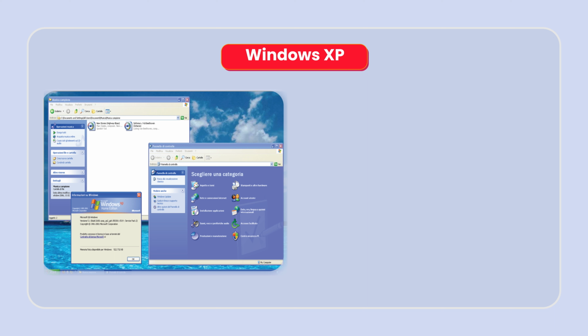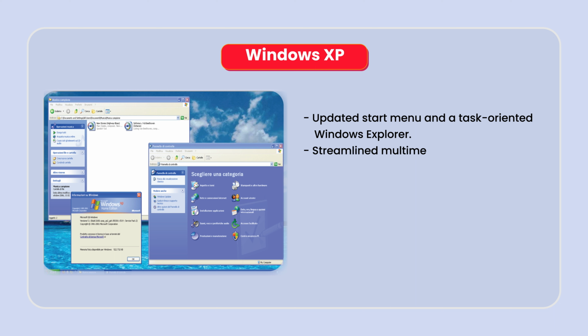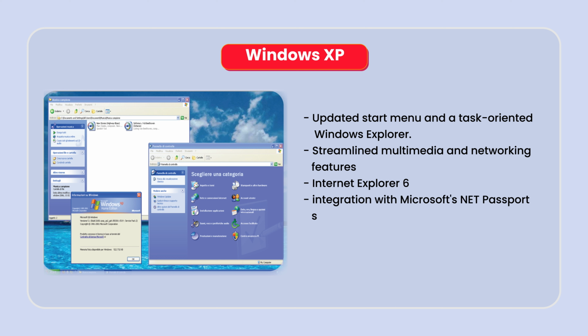The main features added include an updated Start menu and a task-oriented Windows Explorer, streamlined multimedia and networking features, Internet Explorer 6, integration with Microsoft's .NET Passport services, a compatibility mode to help provide backward compatibility with software designed for previous versions of Windows, and remote assistance functionality.